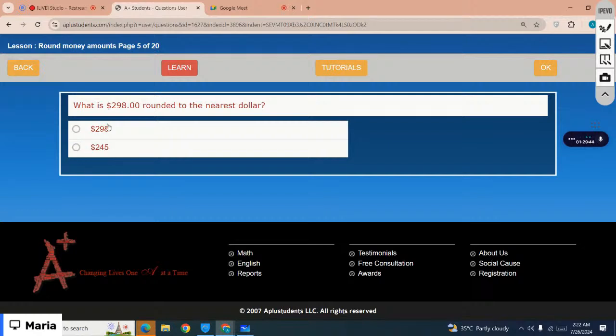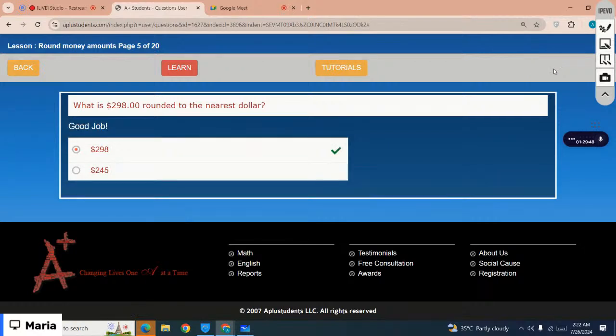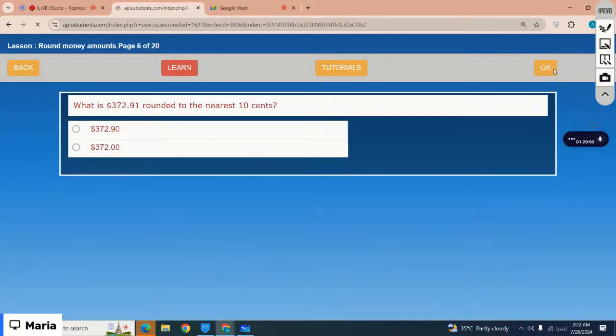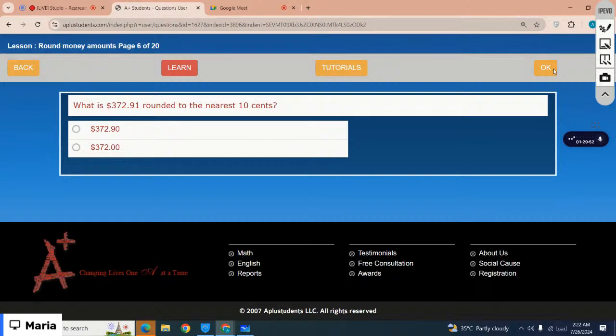Very good. Option number one is the correct option. What is 372.91 rounded to the nearest 10 cents?